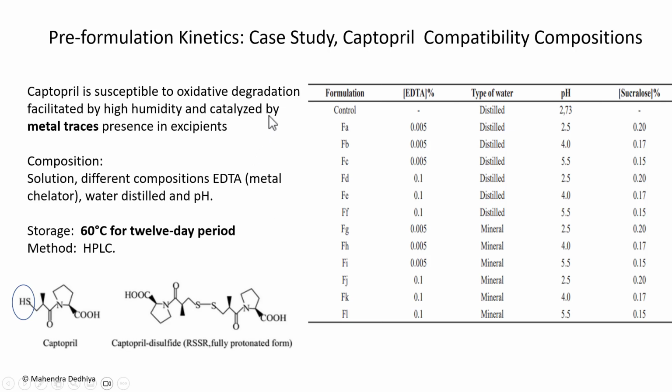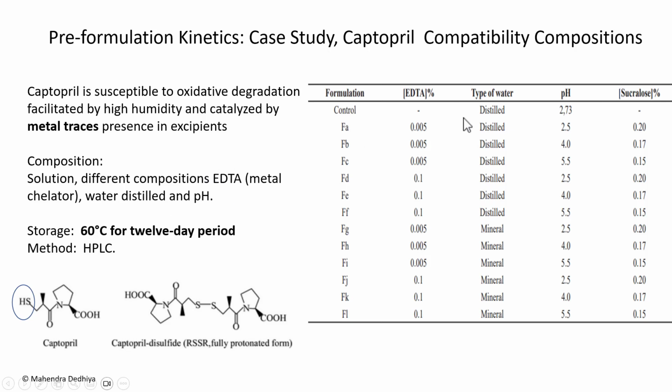We'll look at another case study, captopril compatibility compositions. Captopril is susceptible to oxidation, which is influenced by high humidity and catalyzed by metal traces present in excipients. So we can arrest the metal traces with chelating agents such as EDTA.